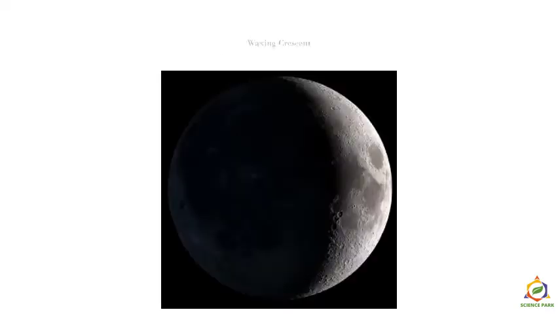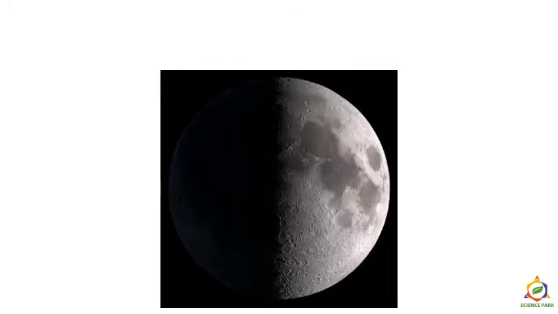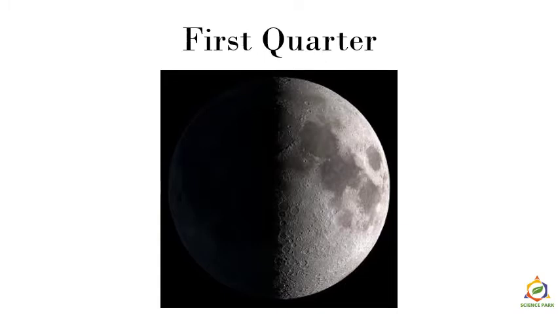So the first phase is new moon, the day when we don't see any moon in the sky because the lit portion is behind. The next phase is waxing crescent, in which we see the crescent moon. Next is first quarter, in which we see half the moon.